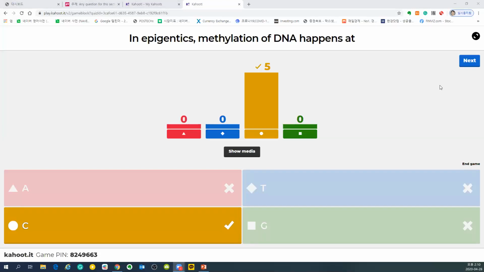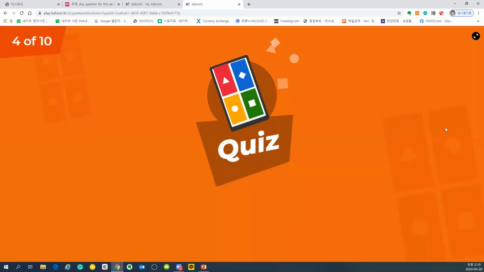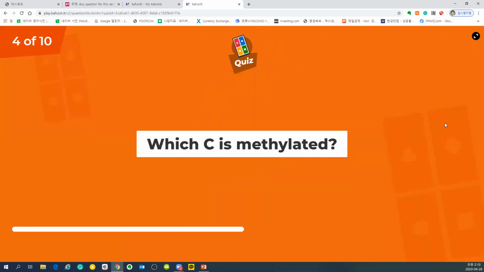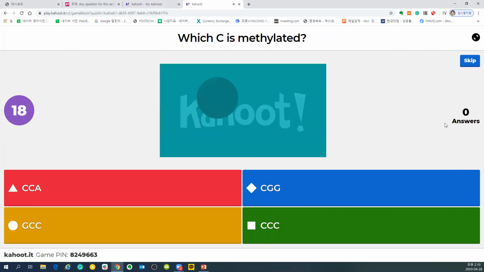Okay, so DNA methylation happens on C, cytosine. Not every cytosine, but methylation happens depending on sequences.